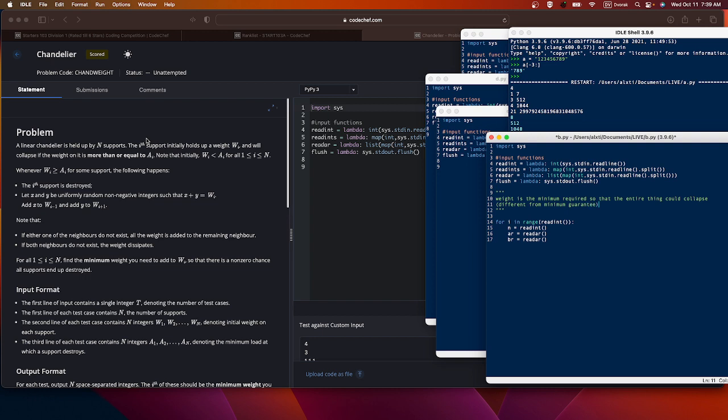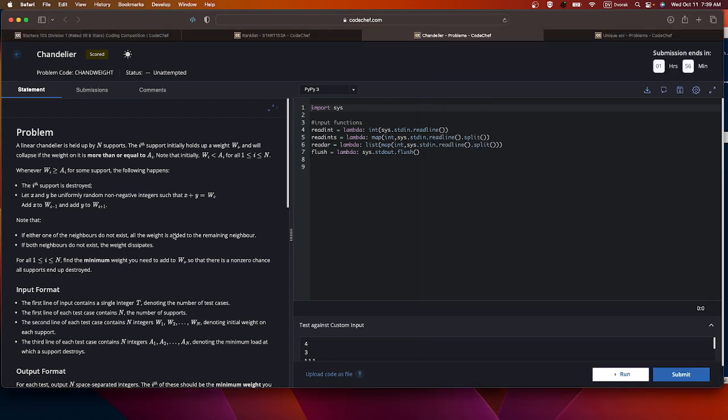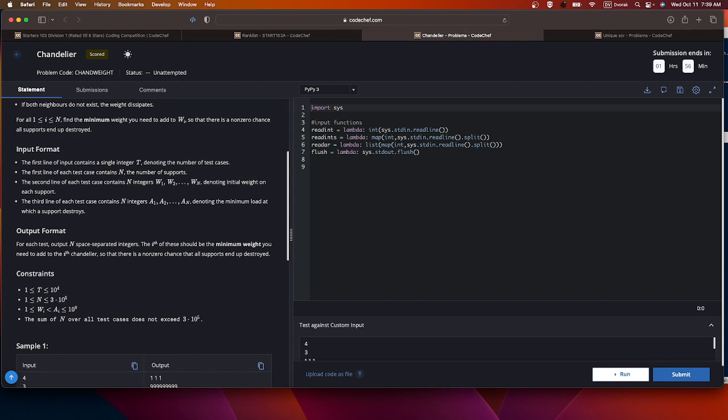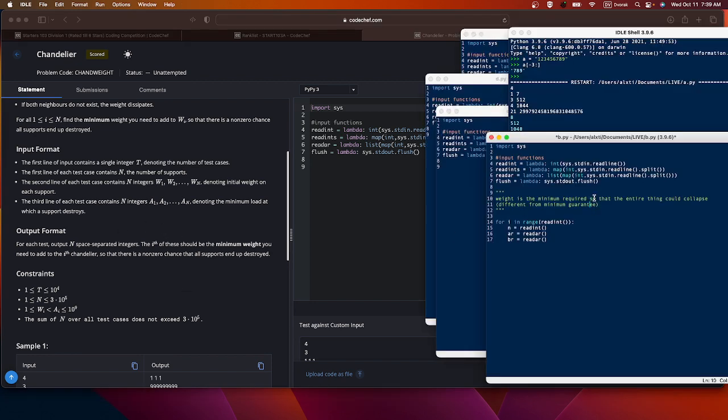Okay, let's just remember we are doing minimum weight, not minimum guarantee. The sum of n over all test cases is at most 300,000, so you can take up to O(n log n) or weight W. Both of those have a similar idea.